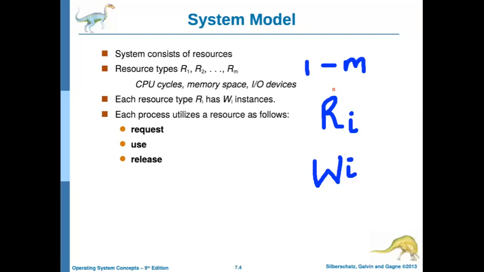Okay, so that is the resource type, and for each resource type there will be a number of instances. So for example, as I mentioned, if R2 denotes the printer, and if there are 3 printers, then I can say R2 has 3 instances, and that will be denoted by Wi, the number of instances. So W2 is equal to, let me write that as an example here. Let me go back to the whiteboard.